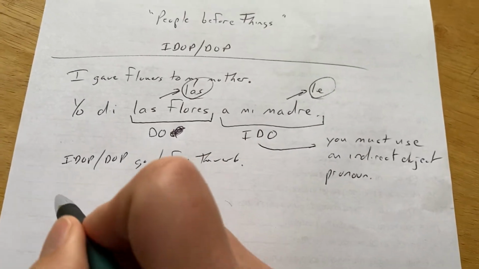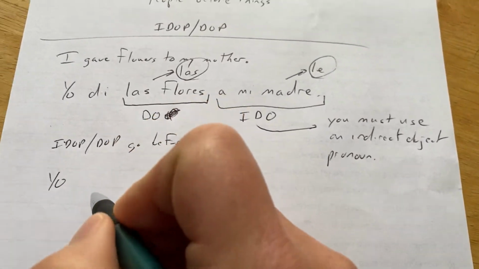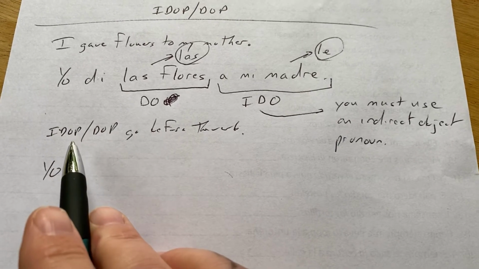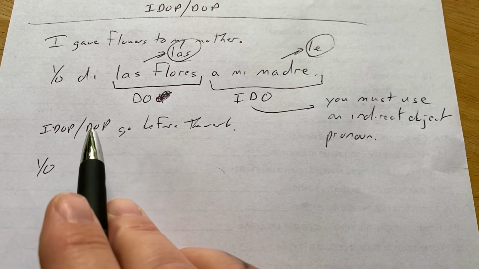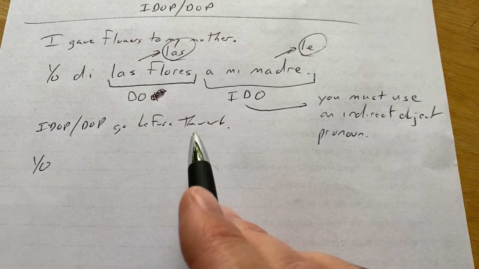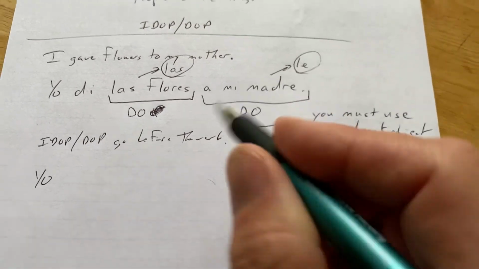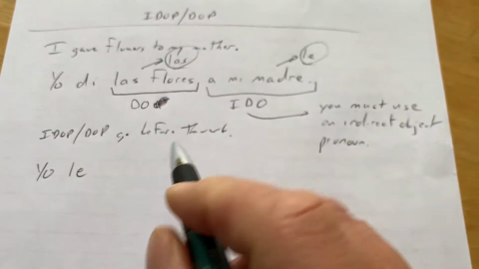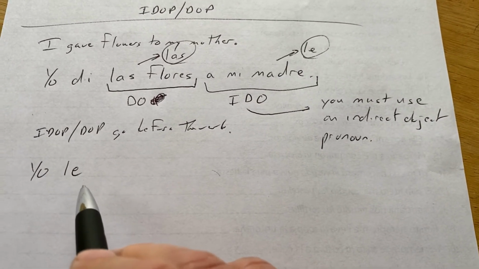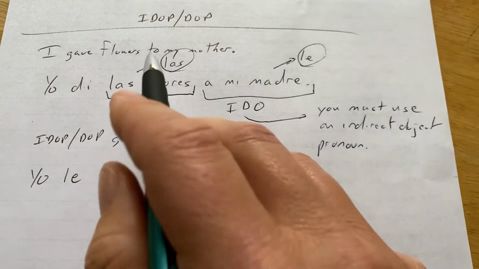So I want you to take a look at this. I'm going to go yo, and then stop right there for a second. Wait. Indirect object pronouns and direct object pronouns go before the verb. People before things. Le. Yo, le. Well, right now it says I to her. Wait. What am I giving?